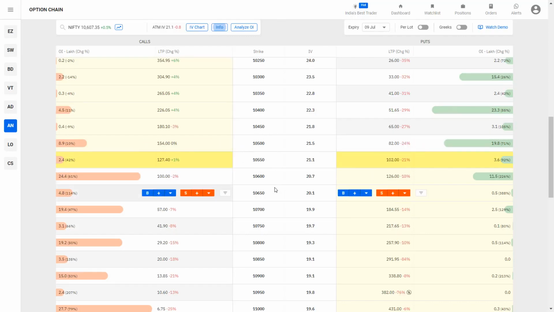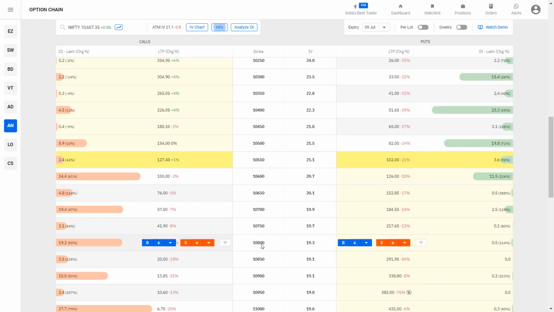So let's look at something more interesting. The 10800 call. The in the money expiry probability, which is the probability that the market will cross 10800, is 20%. So this is coming from a purely mathematical model, of course. This does not take into consideration the buyer and seller and the sentiment and FII data and all that.